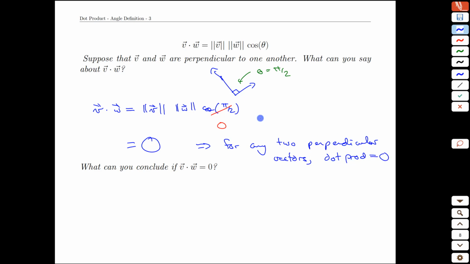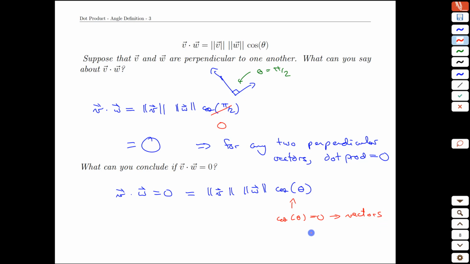The dot product of two vectors, if we end up with the value 0, indicates presumably that they're perpendicular. Well, actually, it's not quite true. That's almost true. If we have v dot w equals 0, and we have that equal to the length of v times the length of w times the cos of the angle between them, it is certainly possible that the cos of theta equals 0. And if that's the case, then the vectors are perpendicular.